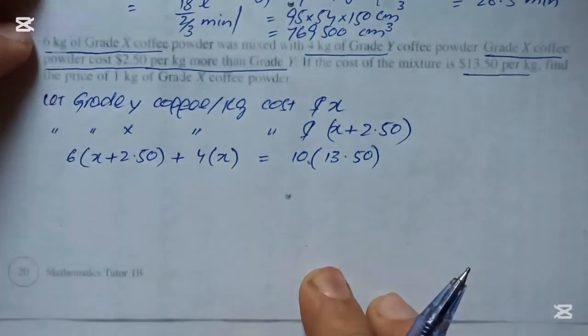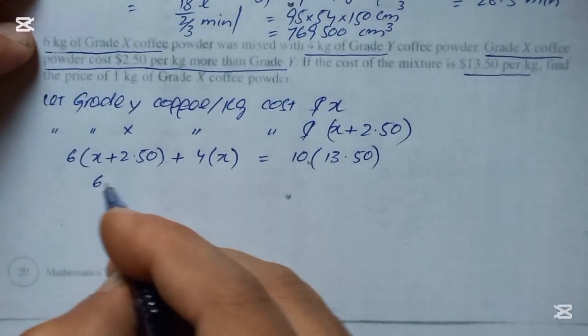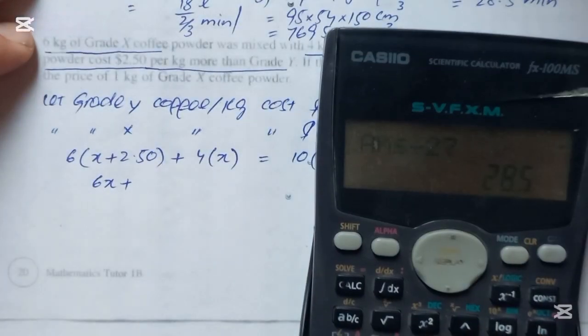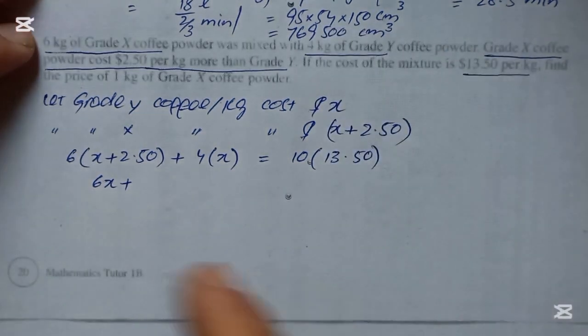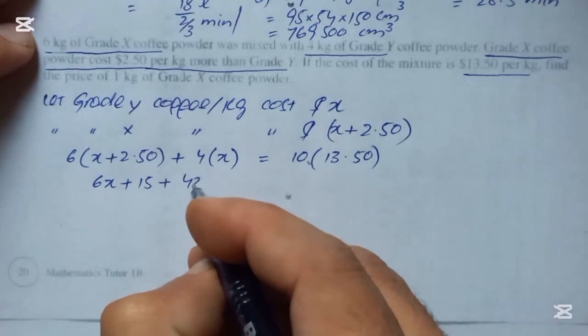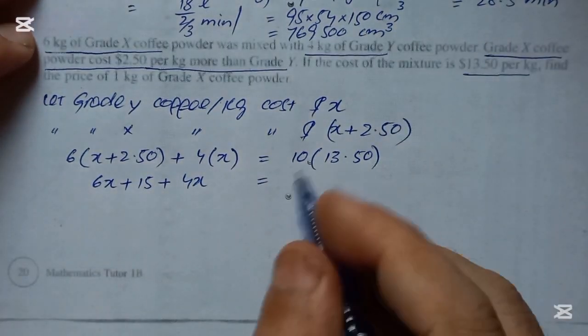We will solve the equation to get the value of x from here. So open the bracket, so it will become 6x plus 2.5 into 6, which is 15, plus 4x equal to 13.5 into 10.